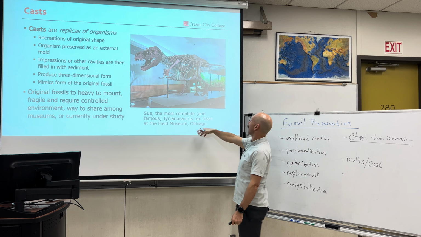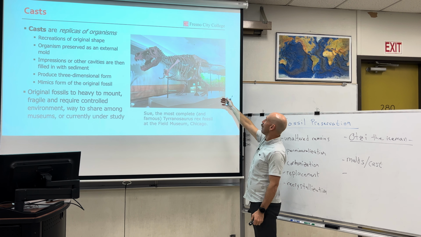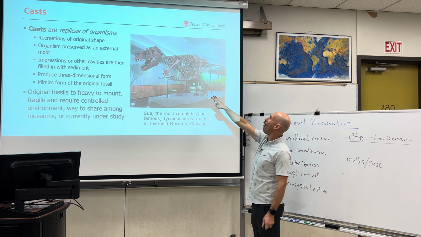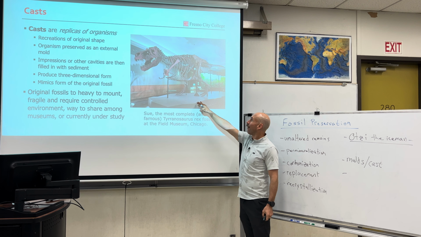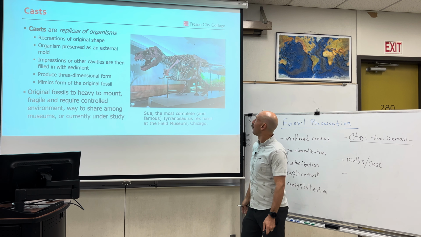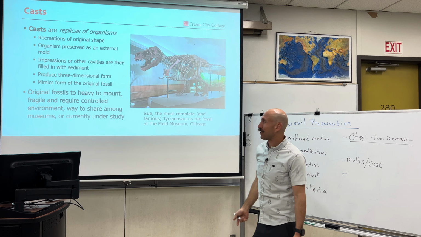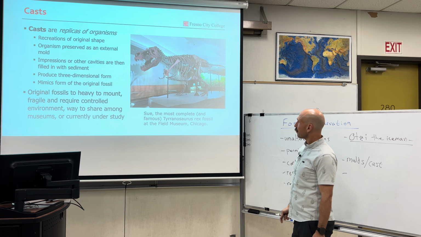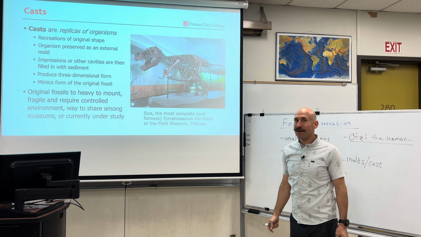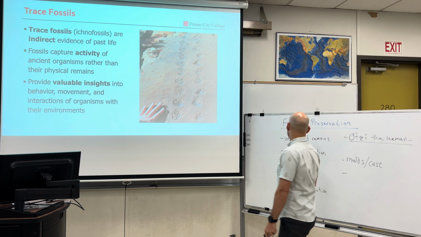That is okay. Here, the most complete and famous Tyrannosaurus rex fossil. How awesome is this? Whoa, that is so cool. But it's a cast, it's not the original. This thing moves all over, it's heavy to mount, so we can still get an idea without needing the original.